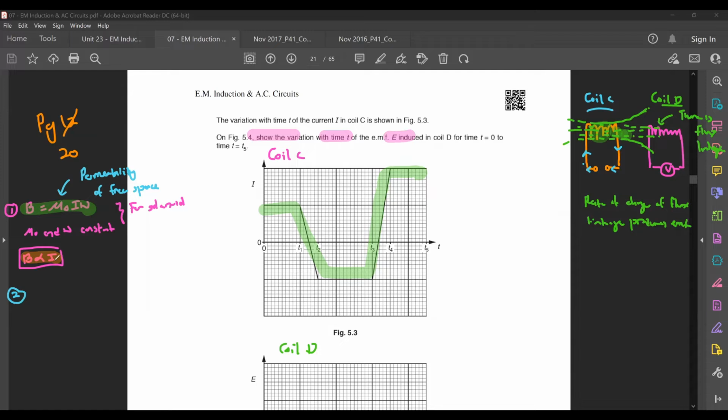Another thing that we could also say here is this. We know that flux linkage is NBA.